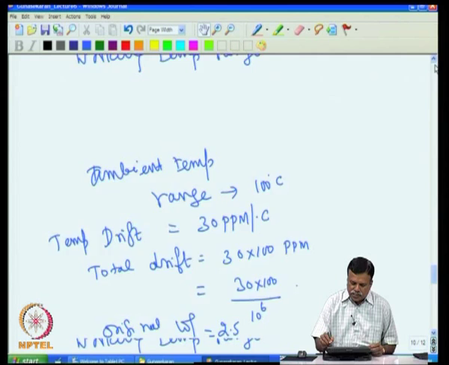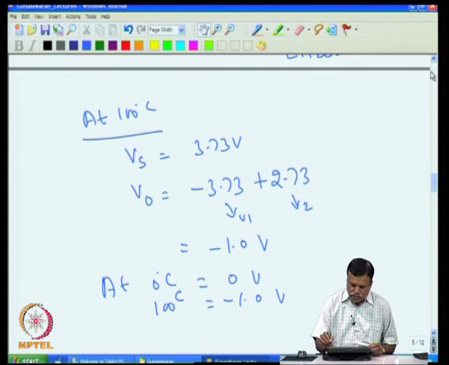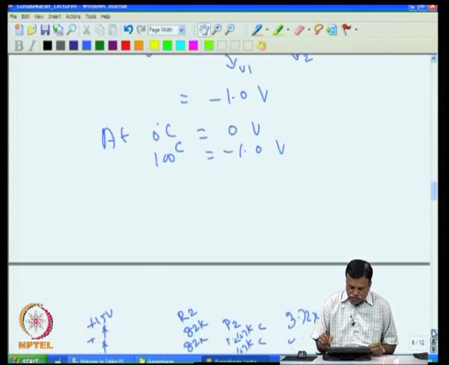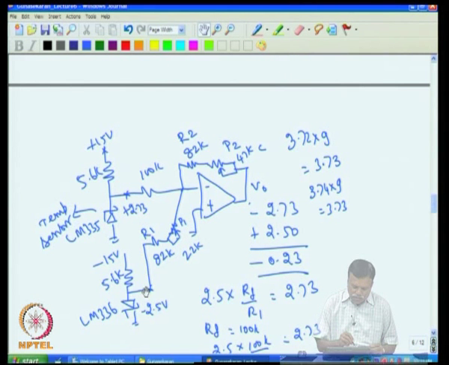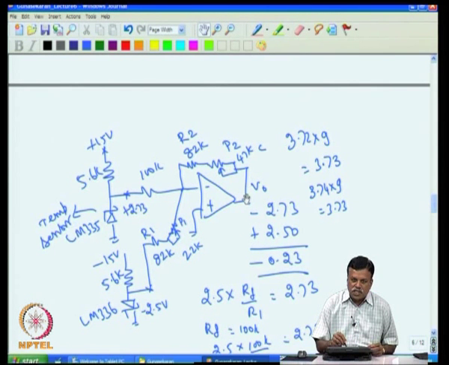If I go back to this circuit, and this changes by 7.5 millivolt, obviously this voltage also will change. Here the gain is more or less 1. If you want to know exactly, we have to find this resistance divided by this resistance, which will give you the exact gain, but as a rough estimate it is 1:1. So a 7.5 millivolt change will produce nearly a 7.5 millivolt change at the output.